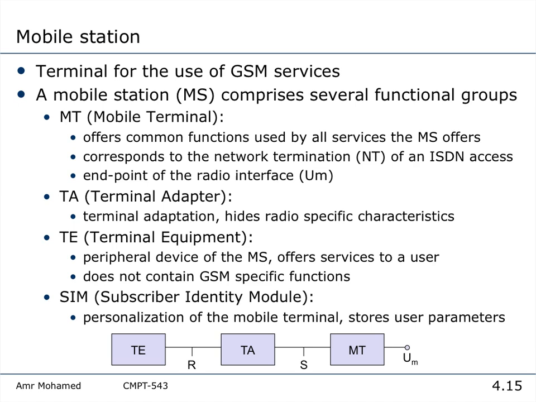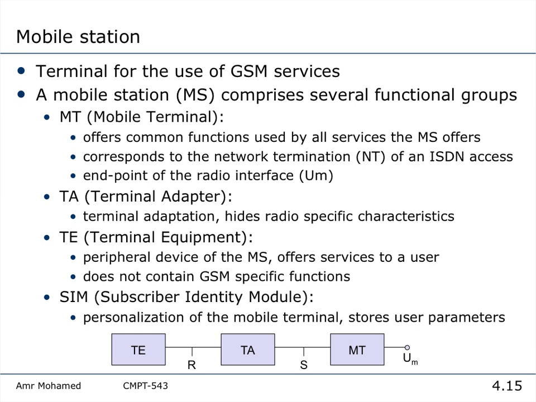So for the mobile station, we talked about it before, and we highlighted only the terminal equipment and the mobile terminal. We said that the mobile terminal performs all the radio functionality. The mobile terminal is the component inside the mobile station.